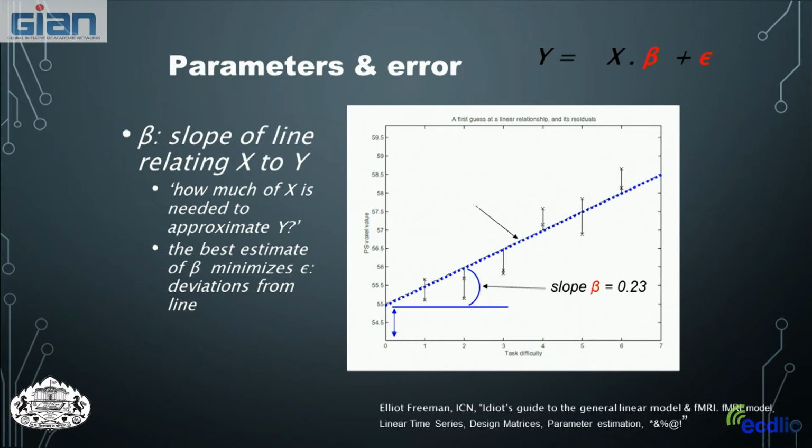And if you know linear equations, y equals mx plus b, you're going to have the slope, and you're going to have where it's going to cross the y-axis, right? So we're going to especially try to look at these beta parameters, or our slopes, to see how much change occurs when our signal changes.